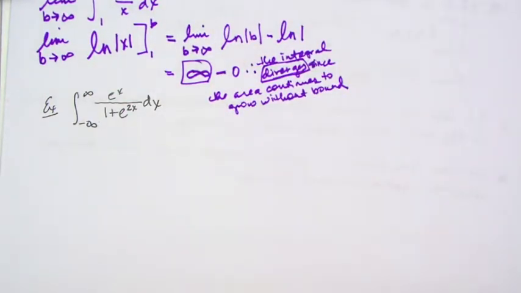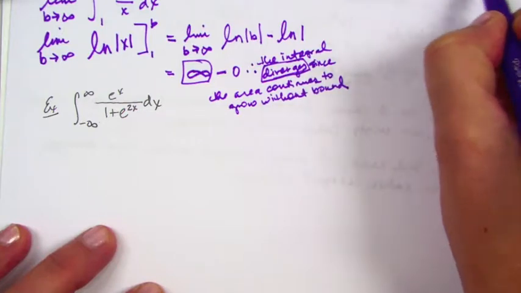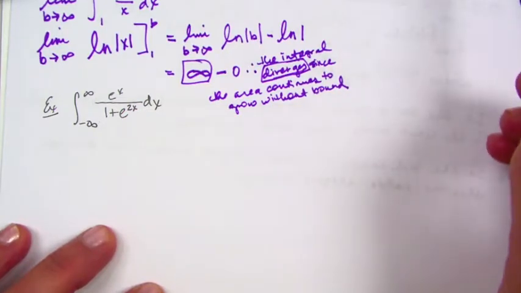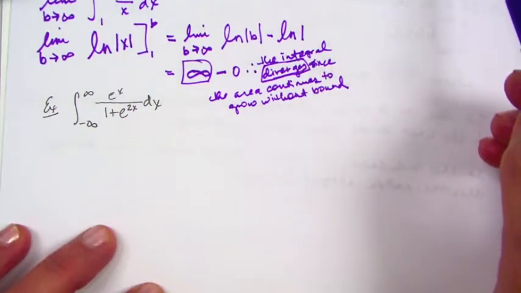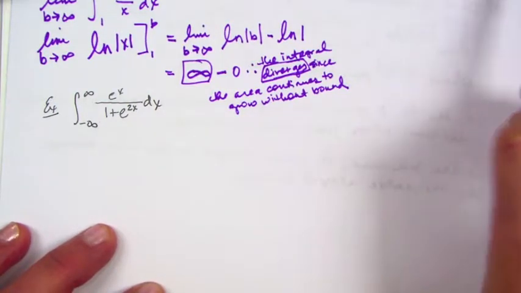Okay, you good? All right, go to the next problem. The integral from 1 to infinity of 1 over x squared. What's 1 over x squared look like from 1 to infinity? Same kind of thing, but it approaches the x-axis faster.